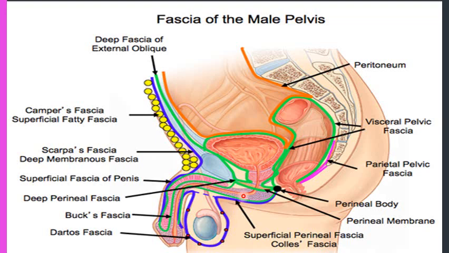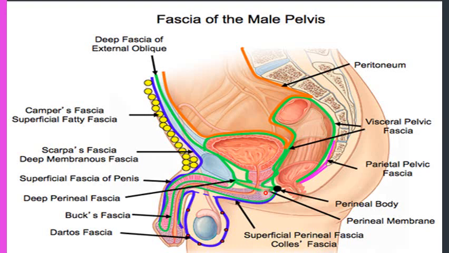So actually the spaces which we are going to study today, the superficial and deep perineal pouches, are the spaces which are because of the arrangement of the superficial fascia and deep fascia of the perineum in the urogenital triangle.